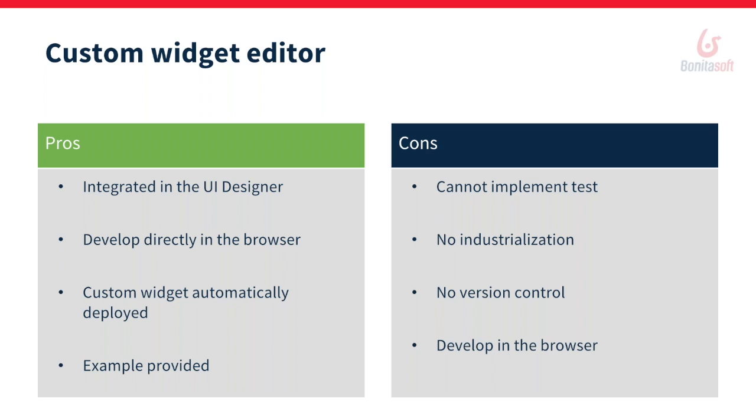Each time you build a new custom widget, it's automatically available in the forms that you are currently designing in your UI designer. Each time you make a change, it will automatically update all the pages that are using this widget. So you can have one screen displaying the form builder, one screen displaying the custom widget editor, and just make a change on the custom widget, refresh the preview, and you will see your change. And finally, when you want to create a new custom widget, we provide an example, so you don't start from scratch.